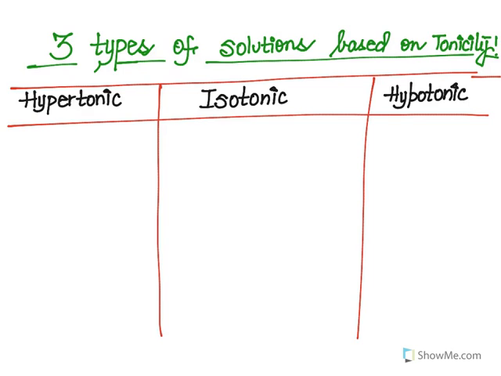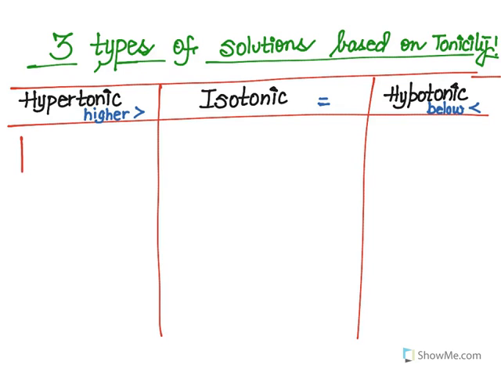Now for hypertonic, you need to remember higher, the greater than symbol. For isotonic, the equal to symbol will help you remember. And then hypotonic is below, the less than symbol. All right, let us take a look at their definitions now.